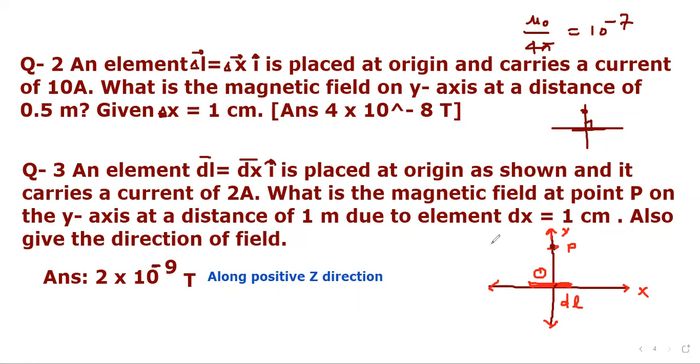This distance OP is given as 1 meter, due to the current element dx. dx is 1 centimeter. So this current element dl is equal to dx, that is 1 centimeter. Also give the direction of the field. So the answer to this question will be 2 into 10 power minus 9 Tesla, and the direction of the magnetic field will be along the positive z direction. You have to solve these questions. Thank you for watching.